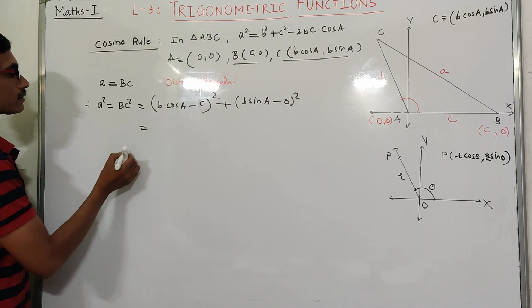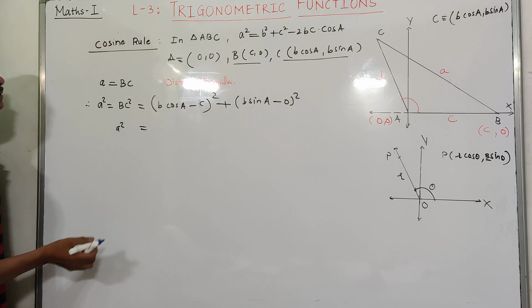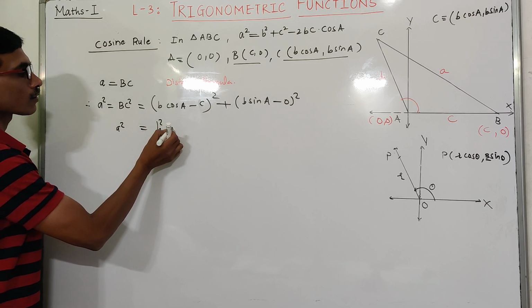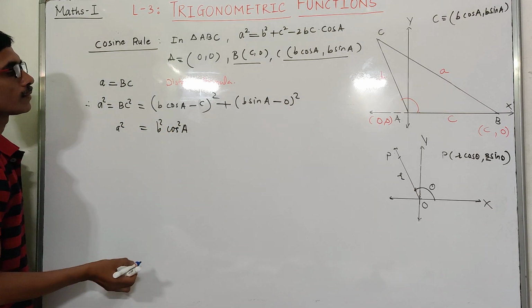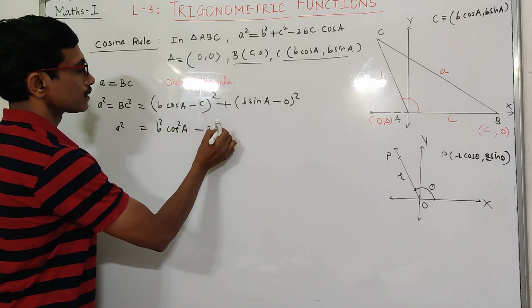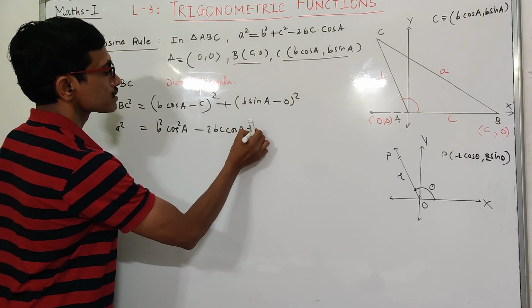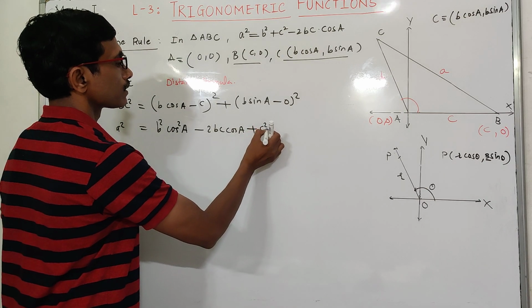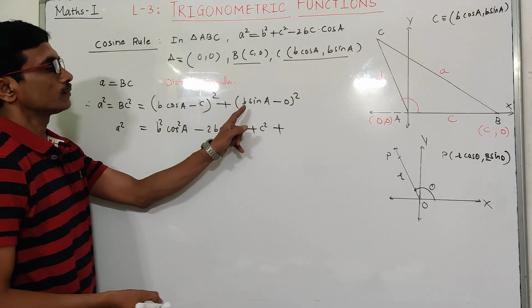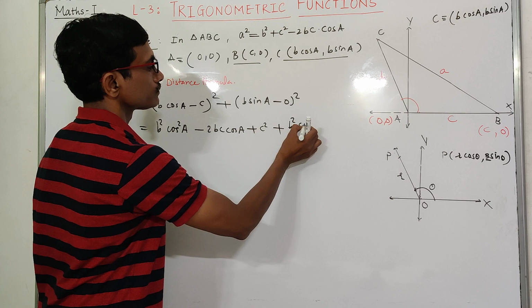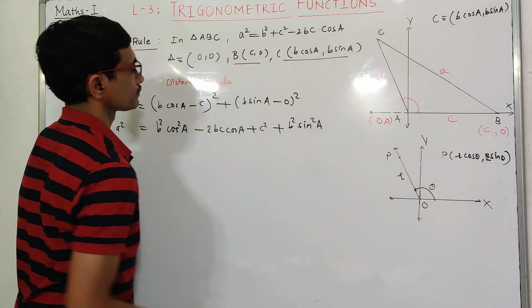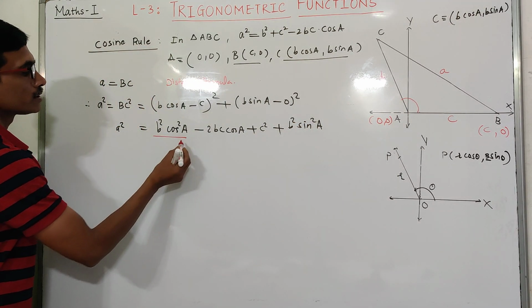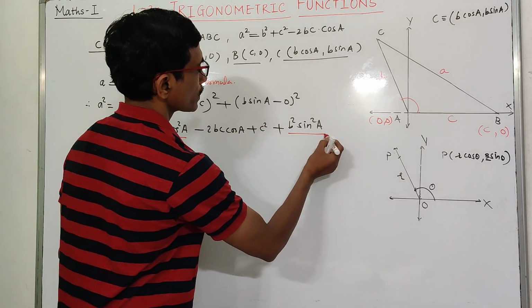We expand it. The left hand side is a square. Expansion of this: b square cos square A minus 2bc cos A plus c square plus b square sin square A.